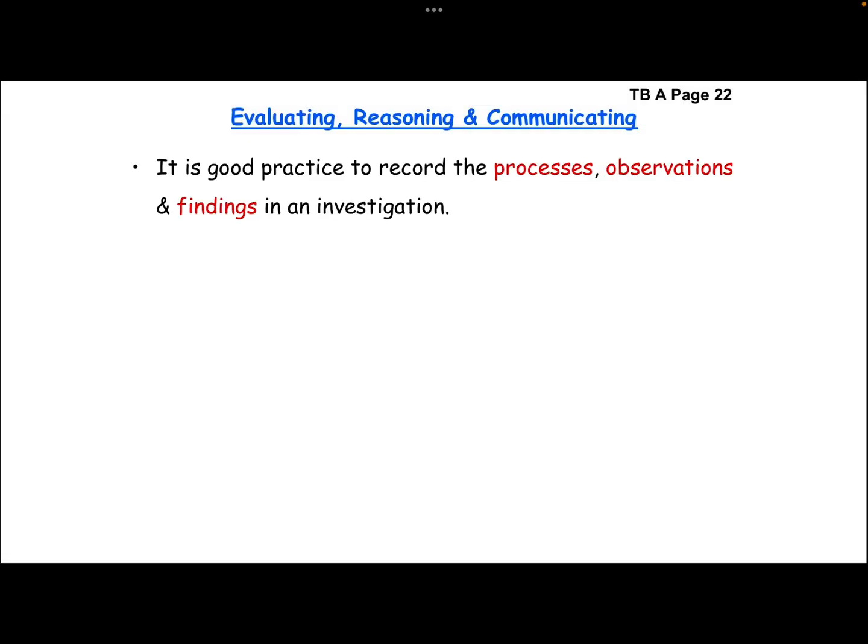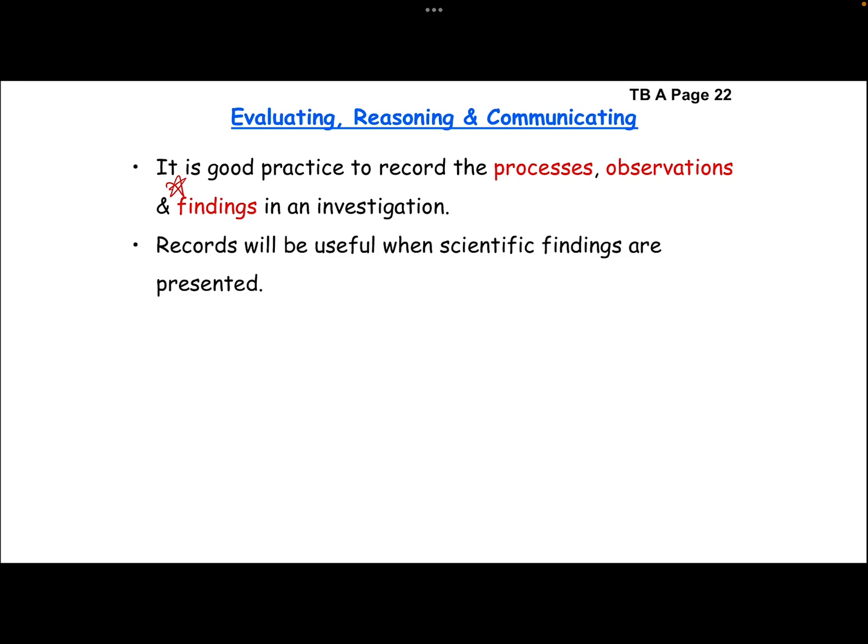It is good practice to record the processes, observations, and findings in an investigation. Findings are very important because that's when you collect your data. Recordings will be useful when scientific findings are presented.